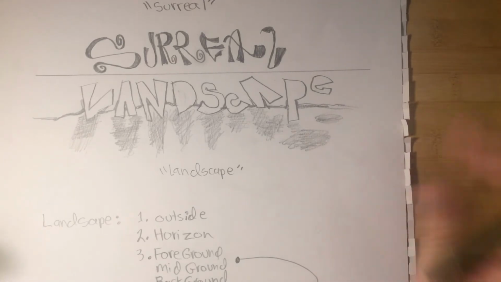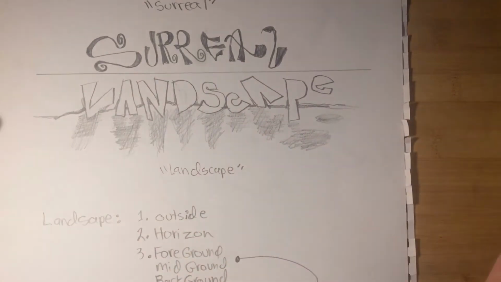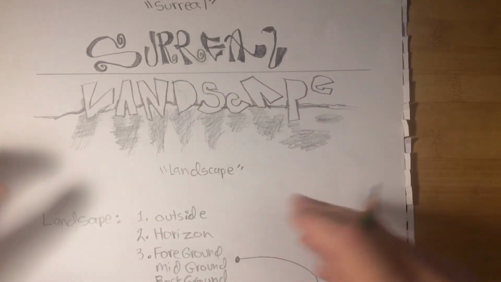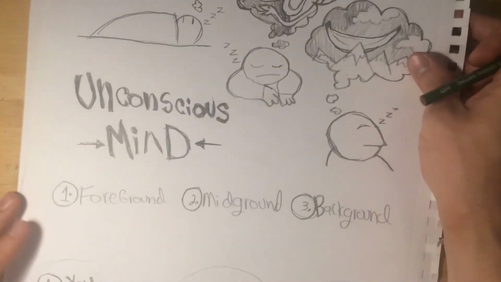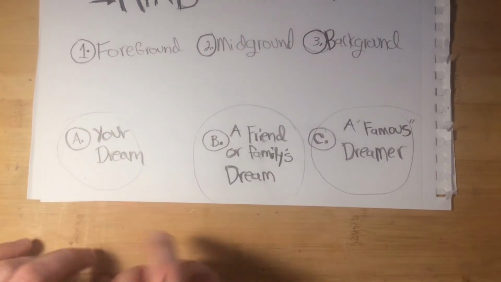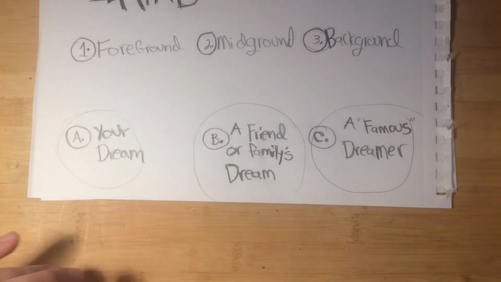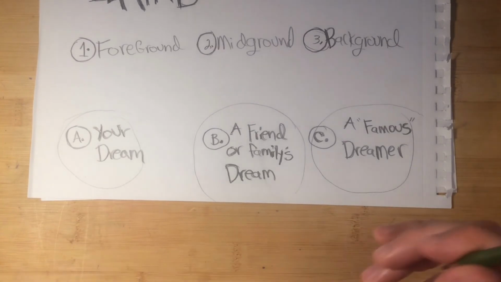It's 4 questions. The first question is, what is the landscape that you're going to draw? Okay, so you just type what place you want to draw. And then the next question is for you to write down something from one of your dreams. So if you have a dream that you already remember, you can write that down right now. Or if you can't think of a dream and nothing's coming to mind, you can go to sleep tonight.